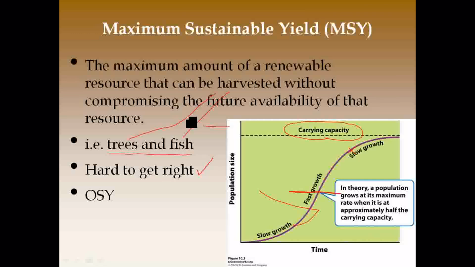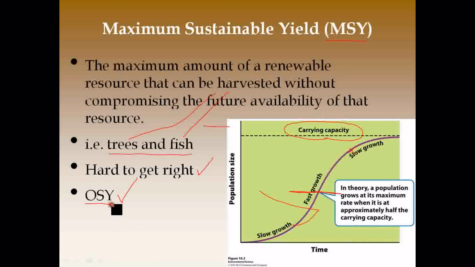So we try to manage our resources on the concept of MSY. And on the AP exam, they talk about something called OSY, which is the more appropriate thing to use in managing a limited resource like trees or fish. The O stands for optimum. So that's optimum sustainable yield.